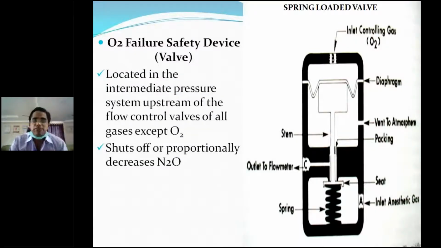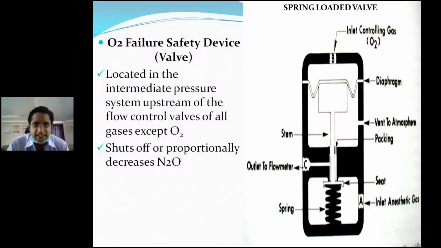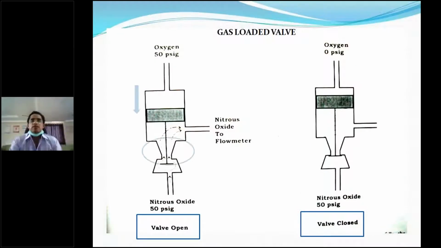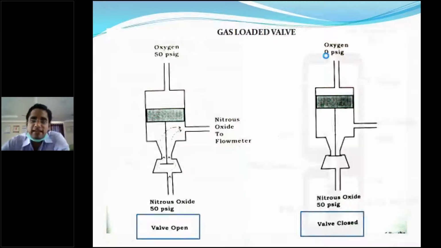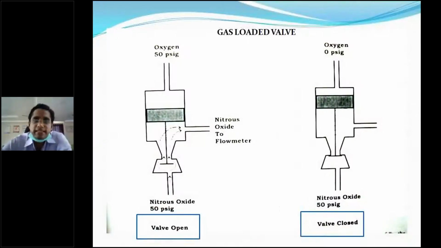So this is the oxygen failure safety device. Now I'll be explaining how this device works in the next slide. On the left image, you can see oxygen at 50 psig, right? And in the right image, the oxygen is 0 psi.